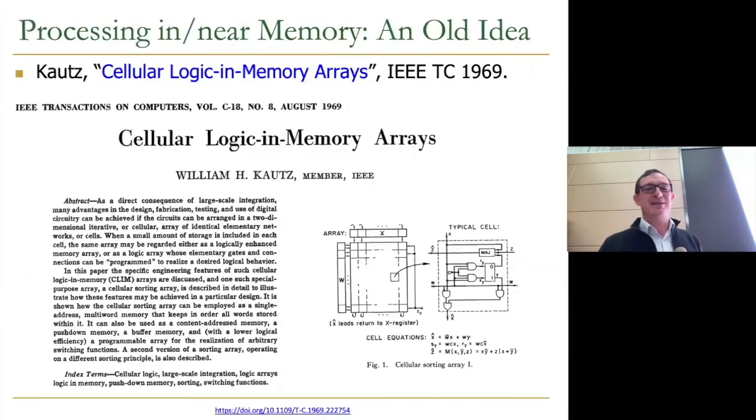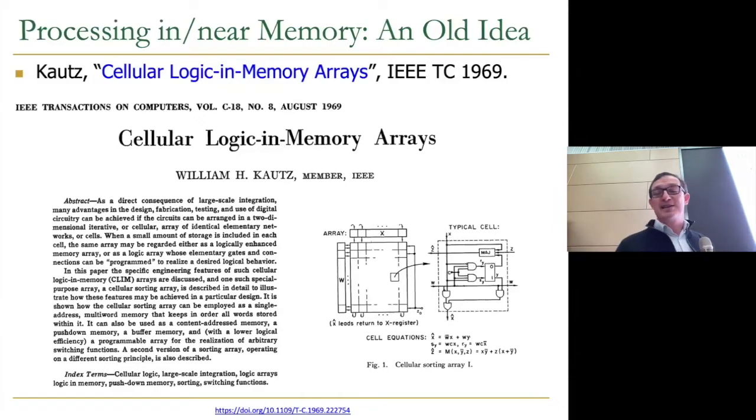Okay, so I should also say that what I'm going to talk about is not a new idea. There have been a lot of smart people in the past that have thought about how to organize computation. This is the oldest paper I could find that is similar to what we're going to talk about. Basically, people have thought about how to put computation closer to memory. This is an example of near-memory computation.